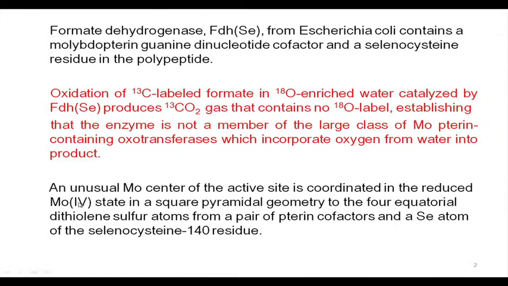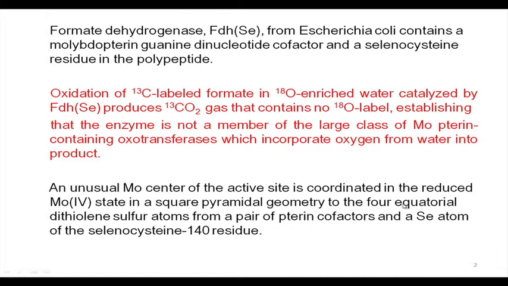So, what we see now, as we are discussing, is that molybdenum in the lower oxidation state can have a low coordination number as well. It can have a coordination number of only 4, or it can have a coordination number of 5, and the geometry is square pyramidal in nature, where we can have 4 equatorial bonds and 1 apical bond.